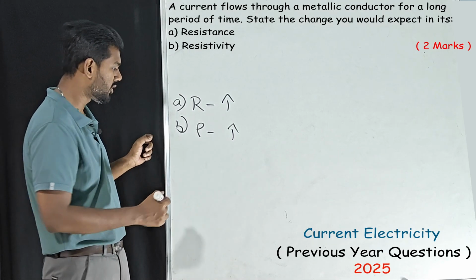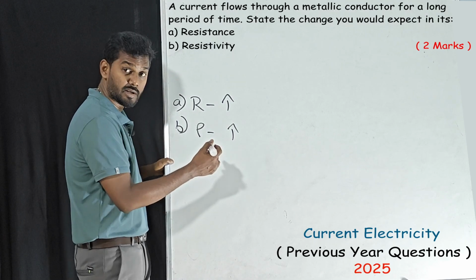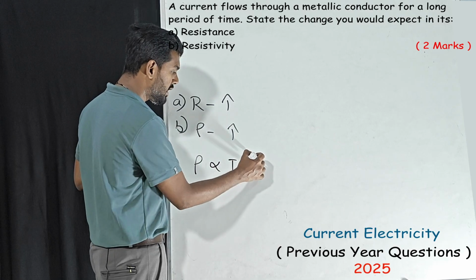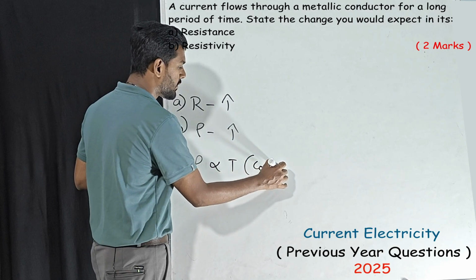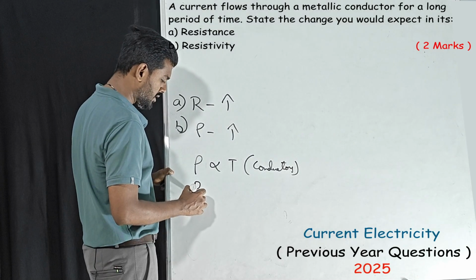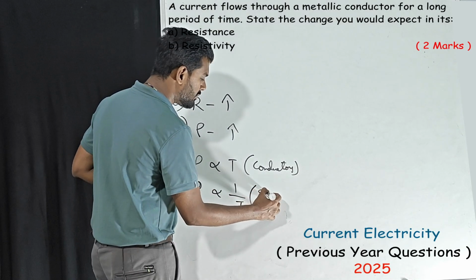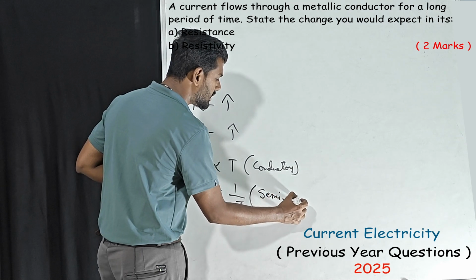So this is very much important. Specific resistance, or this symbol, is directly proportional to temperature when it is conductors. It is inversely proportional to temperature when it comes to semiconductors.